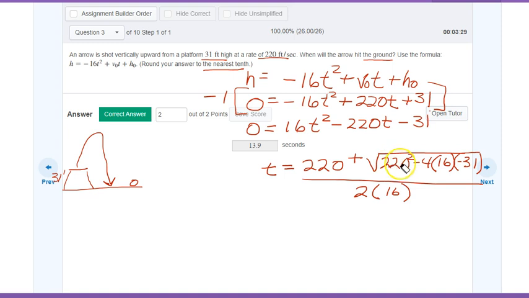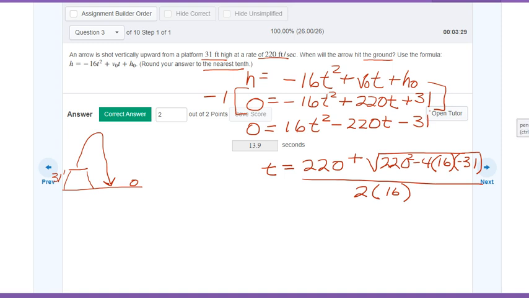Now, there's my B that I'm squaring. And then negative 4 times A, which we said was a positive 16, times my C term, which is a negative 31. So I'm going to put all of this into my calculator and then round it to one decimal place. All right, let's see what we get.